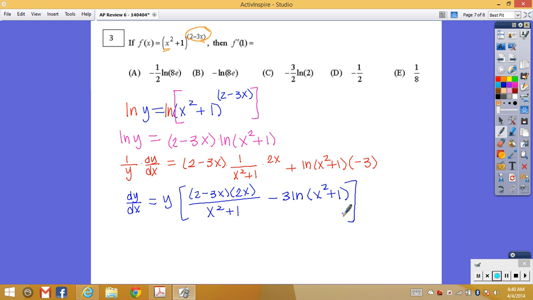Alright, and then same reason why we solved for the point before, because it says y here, I'm going to actually need the y value, so f of 1 would be 1 plus 1 to the 2 minus 3. So that would be 2 to the -1 power, which is 1/2. So the y value is 1/2. So we can substitute that in.